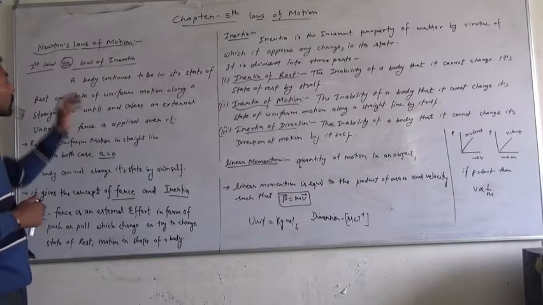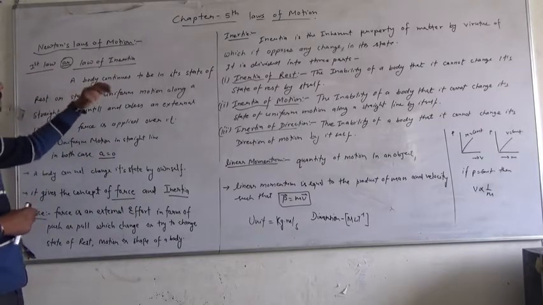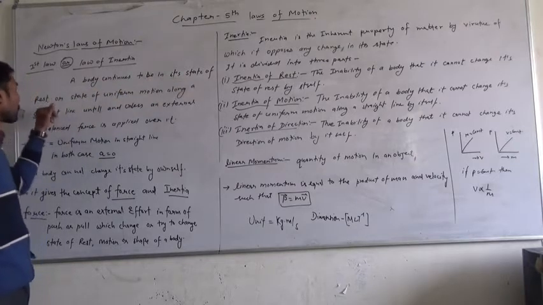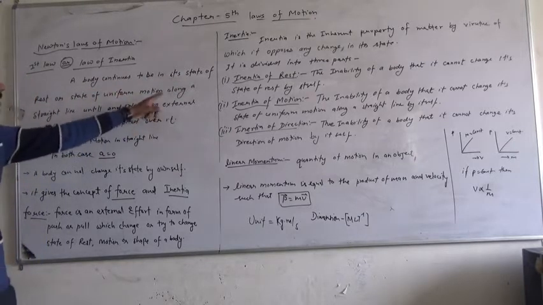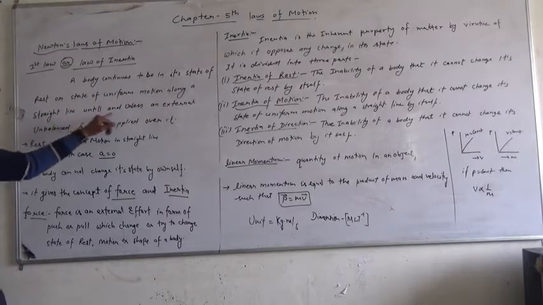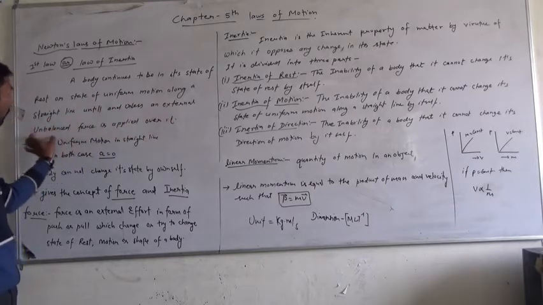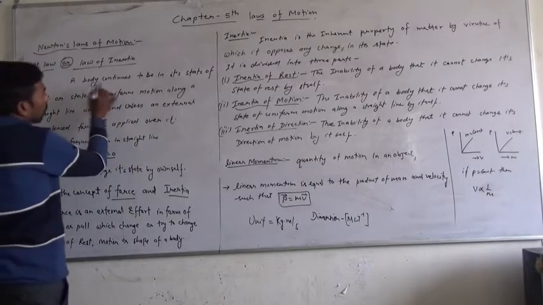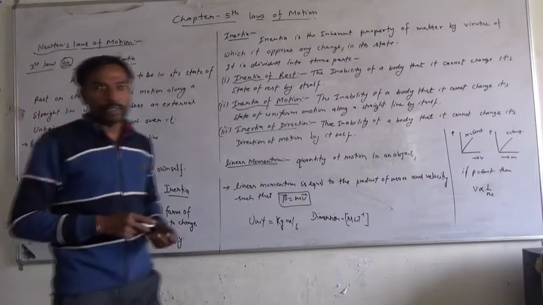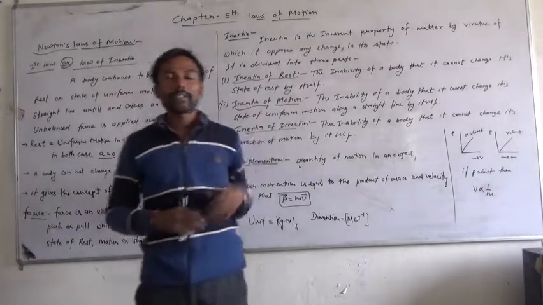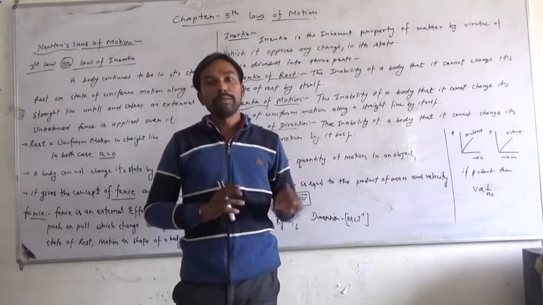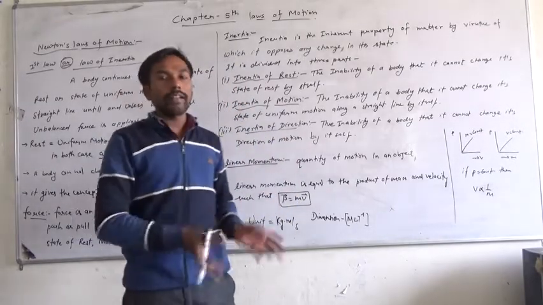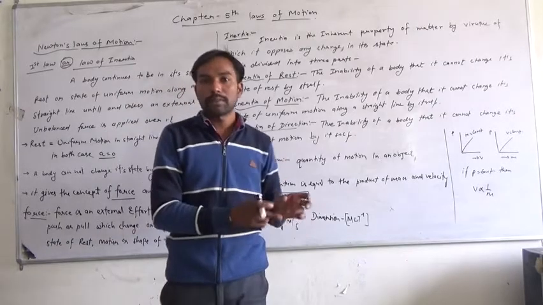According to this rule, a body continues to be in its state of rest or state of uniform motion along a straight line until and unless an external unbalanced force is applied over it. It means a body which is at rest will not move, will not change its state until and unless we apply an external unbalanced force.